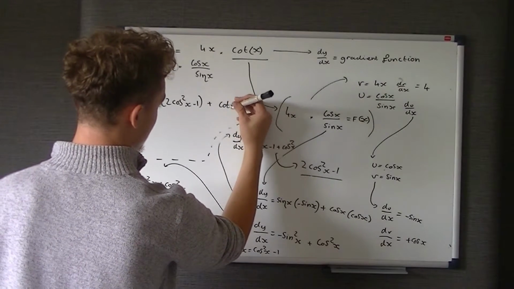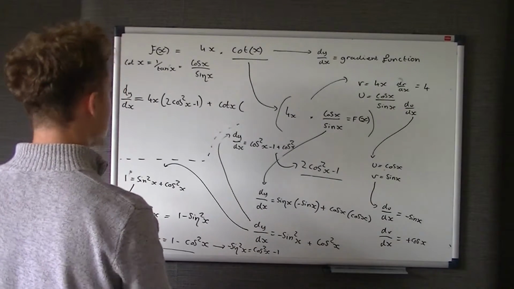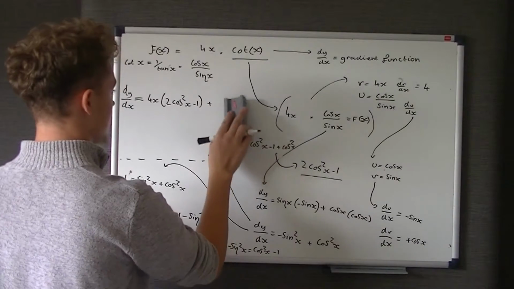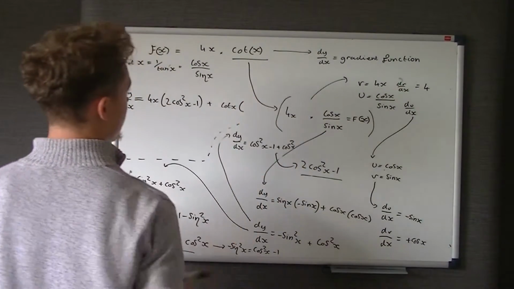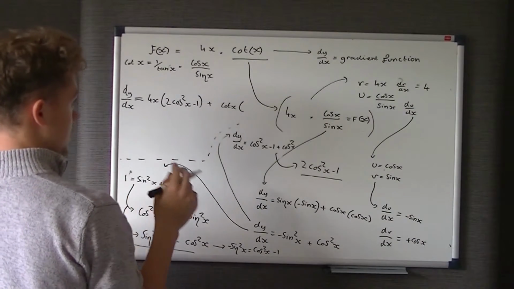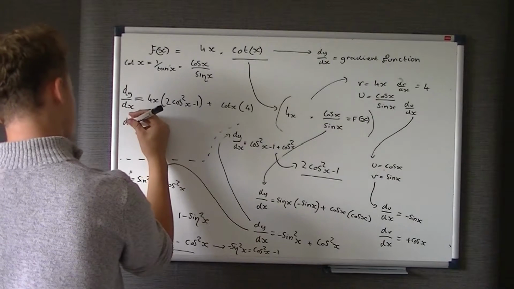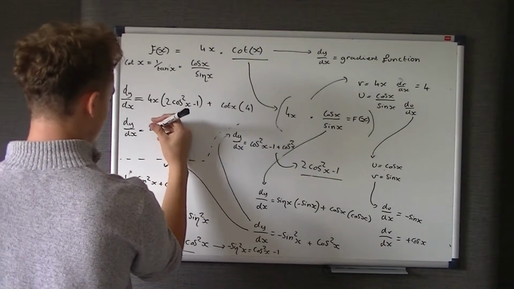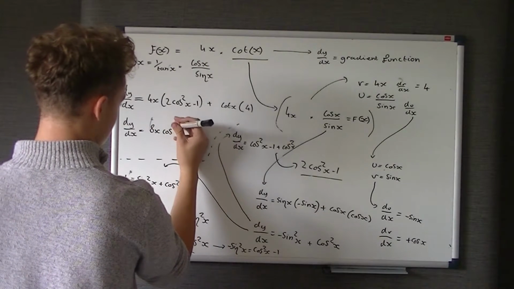We could just simply write cot x instead of writing cos x over sine x, and then we times that by the derivative of 4x, which is just 4.